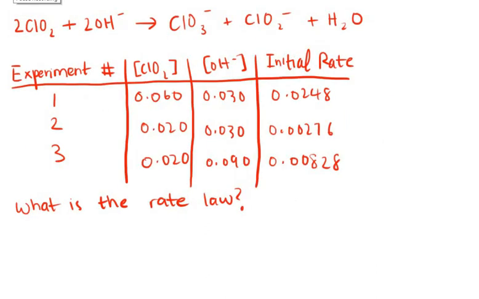So this is gonna be the last problem. It's a fairly long problem, so I'm gonna go through the entire process. This question is asking us what the entire rate law is. So basically they're saying, actually, I should use a different color here.